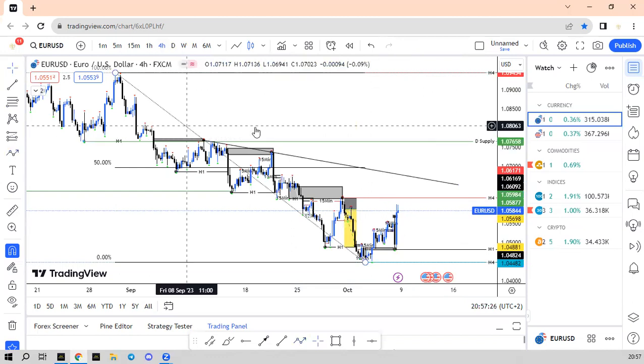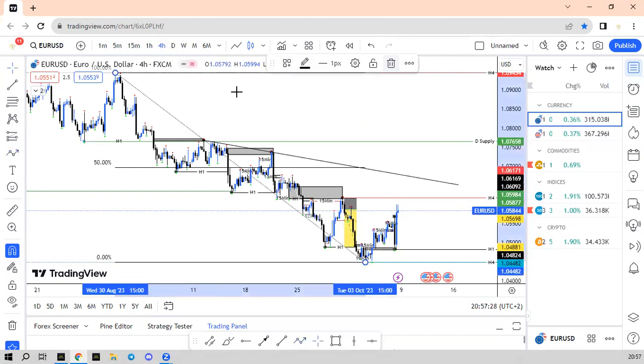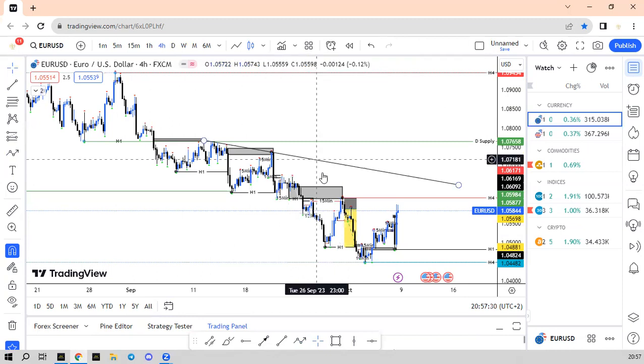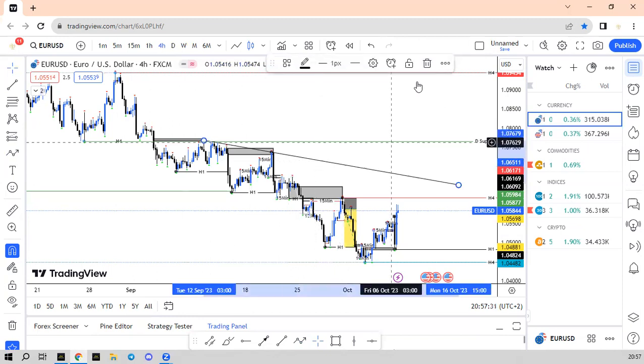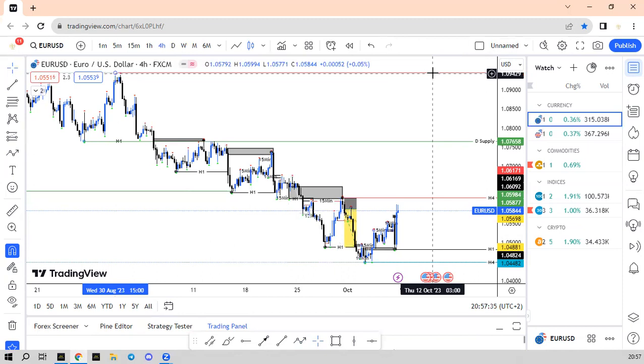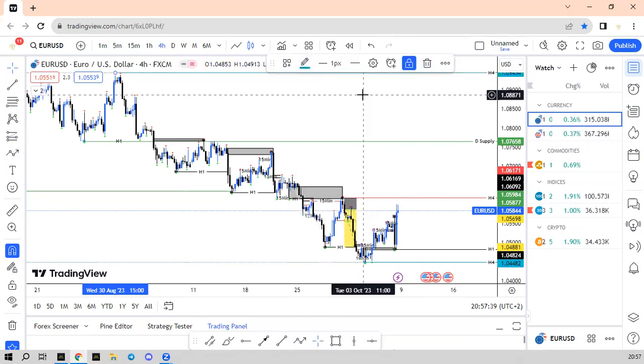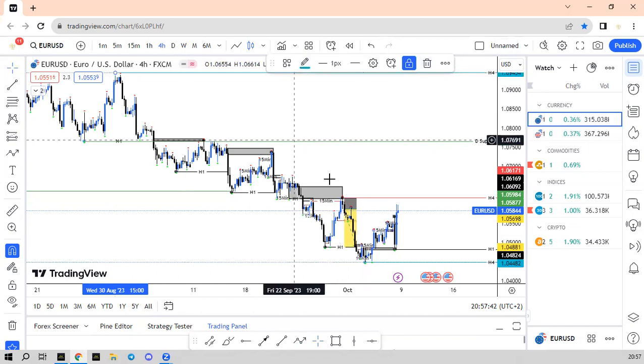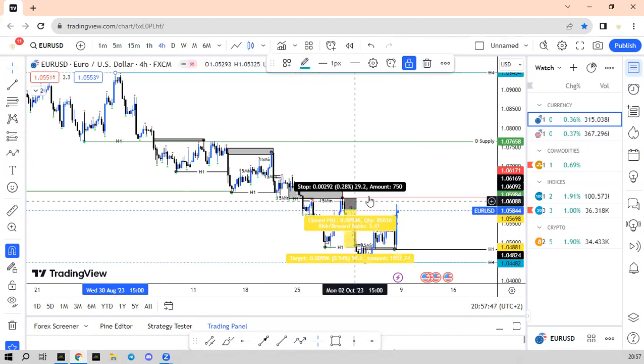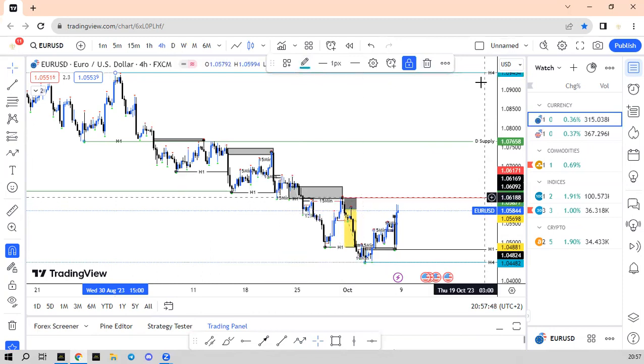So looking at 4-hour range, we know that the 4-hour range is bearish, not yet created a high. There are certain liquidity that we look at, like currently at this point, this is H4 liquidity.